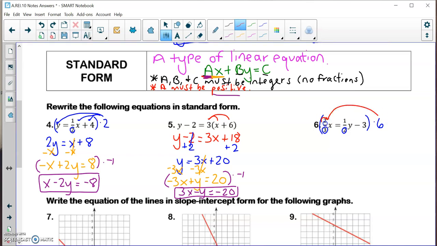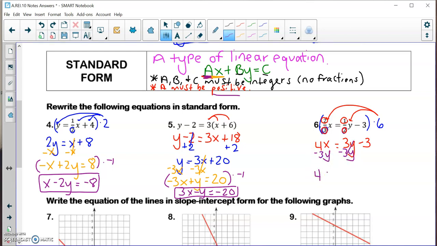I do the 6 times the 2, which is 12, then I divide by 3, which is 4. And then 6 times 1/2, 6 times the 1 is 6, divided by 2 is 3. And now I need to isolate my constant. So I'm going to subtract 3y from both sides.